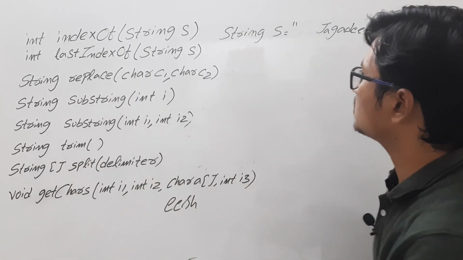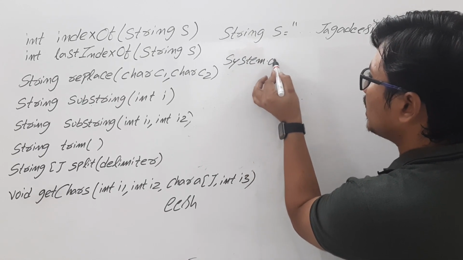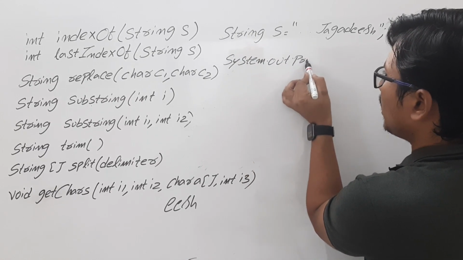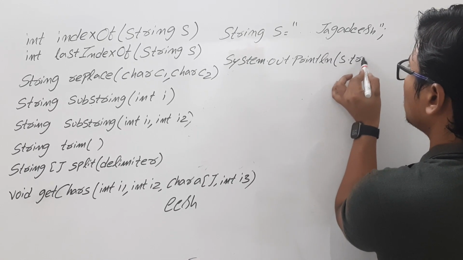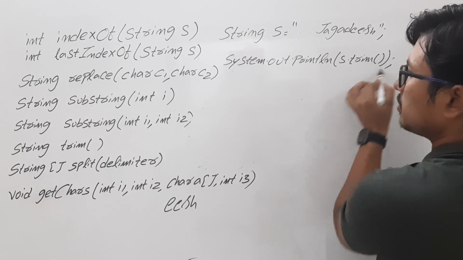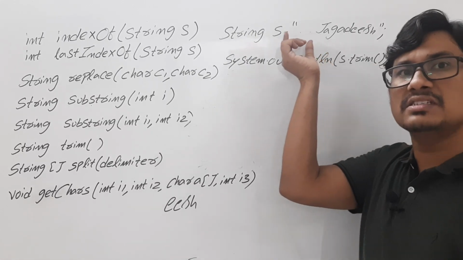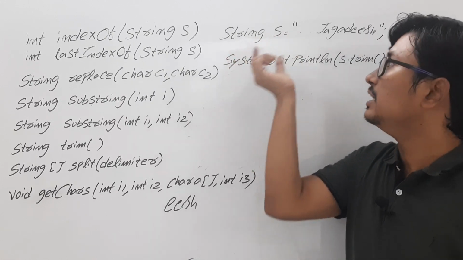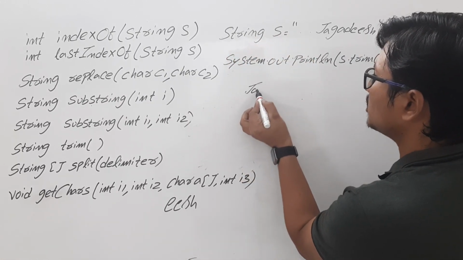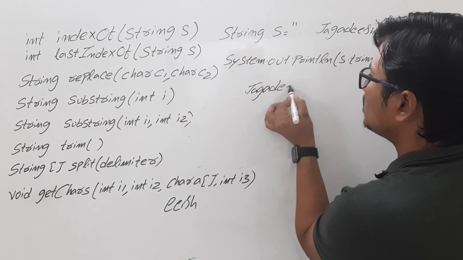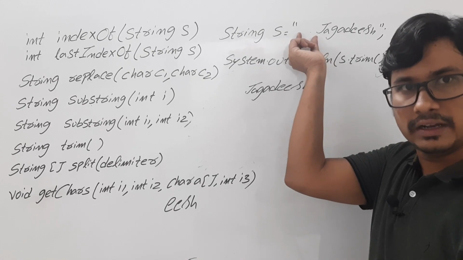If I write System.out.println and s.trim, what it will do is that whatever space is there in the starting of the string will be removed and it will produce the output as Jagadish for you. So the starting space, whatever it is there, am I right?